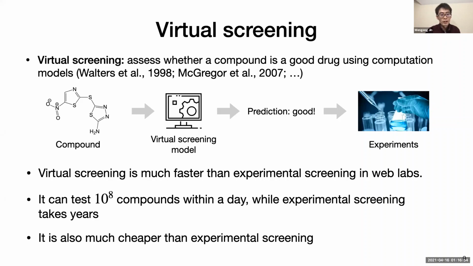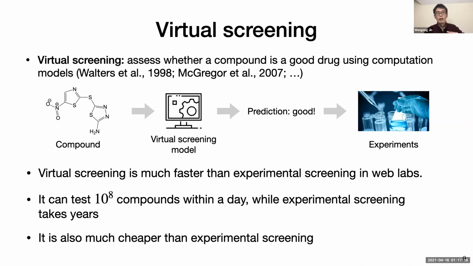So virtual screening, like I said, I just want to elaborate what I really mean by it. The input to this virtual screening model is a compound, and then I can predict some numerical score, whether it is good or not.